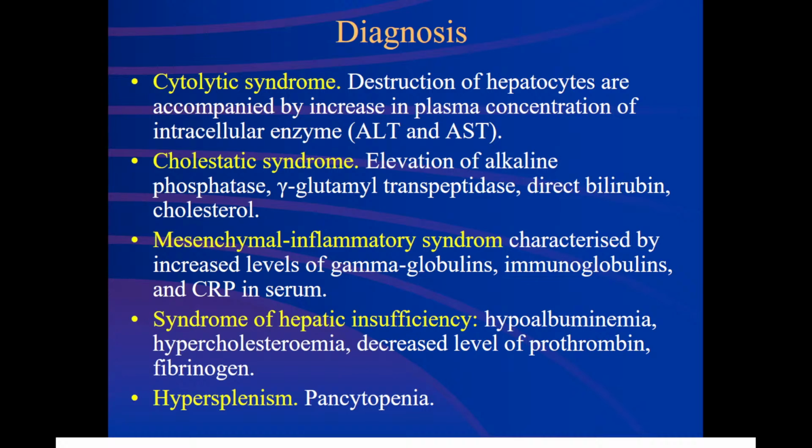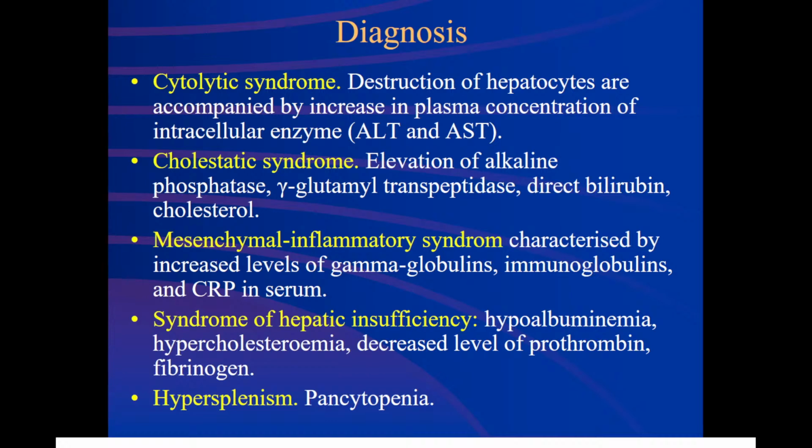Syndrome of hepatic insufficiency. Many proteins are synthesized in the liver. If there is liver insufficiency, it can lead to hypoalbuminemia, decreased levels of prothrombin and fibrinogen, and also to hypercholesterolemia, because cholesterol in the liver is transformed to bile and excreted in the intestine.